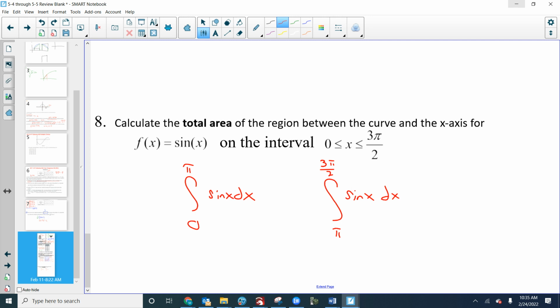I'd prefer you don't try to anticipate. I would do the math. Find out which one's negative. Make it positive and add the areas together once they're both made positive. Make sense? Total area. Are you good on that? Okay. Practice it. Check it. Be confident with it. All right.